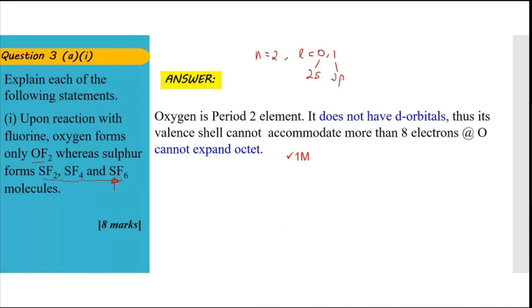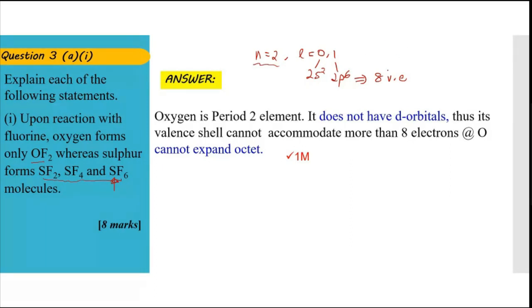So these are the real orbitals that can exist. If you fully fill every orbital, this one 2, this one 6, total 8 valence electrons. If there are more than 8, there's nowhere to put them, because at energy level number 2, a period 2 element does not have d orbitals.